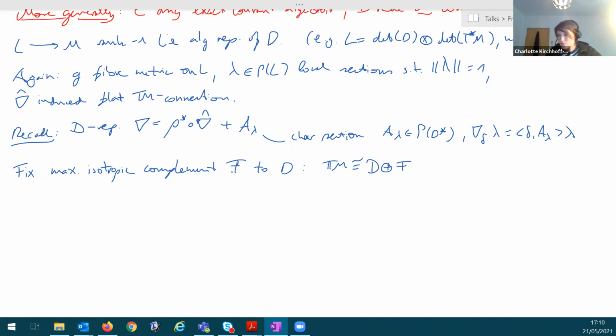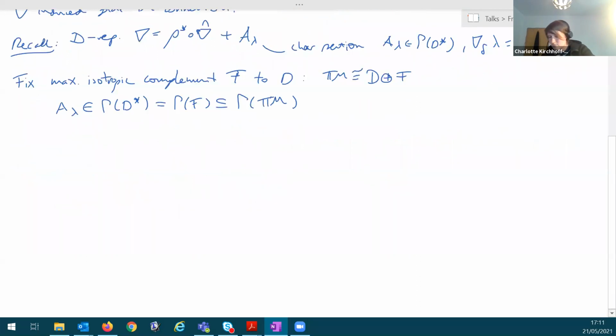So what we can now do is view the characteristic section, which is a section of the dual of the Dirac structure, as well as a section of F, and thus actually sitting inside the sections of Tm plus T star m itself again.